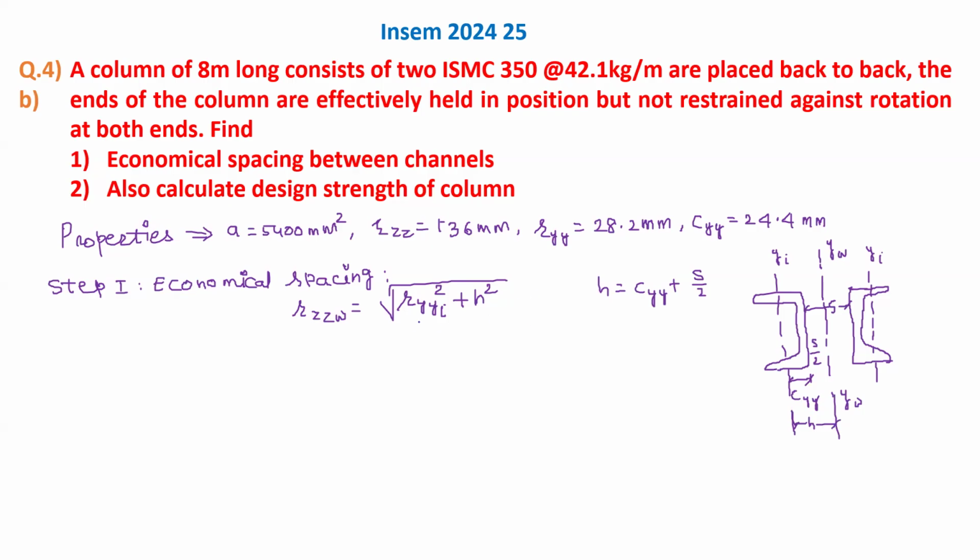Now we have RZZ, 136, which is equal to root of RYY individual, 28.2 square plus H square. When we solve this, we get value of H as 133.04 millimeter, which is equal to CYY plus S by 2.